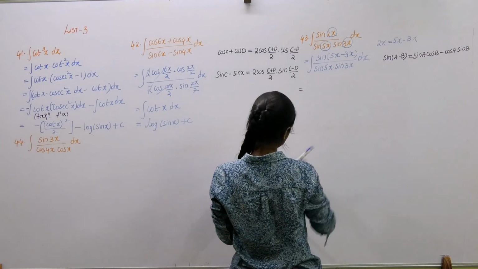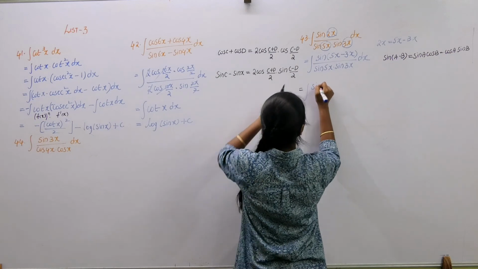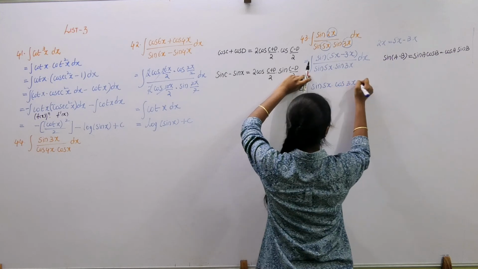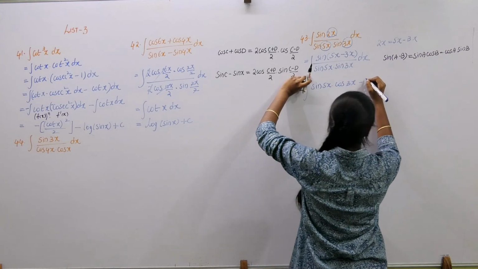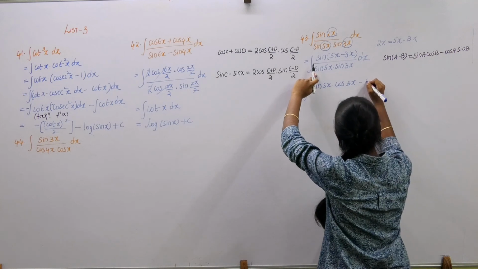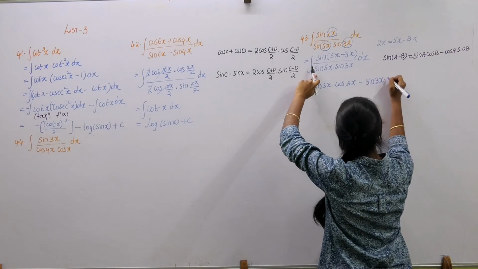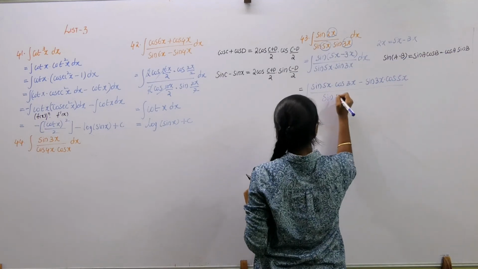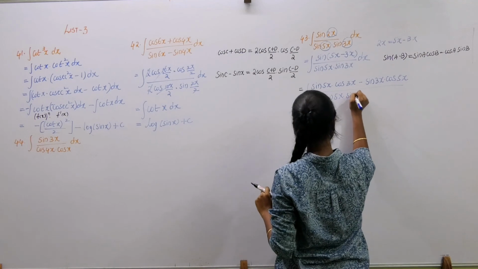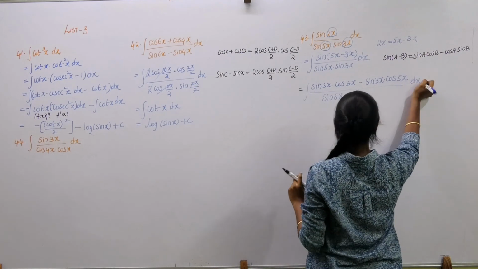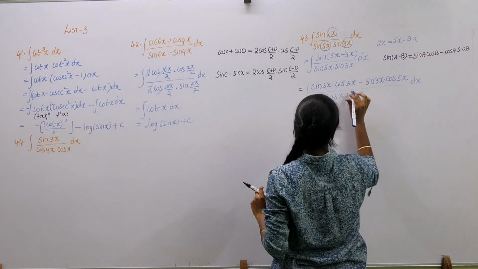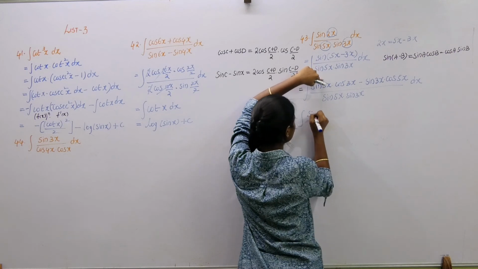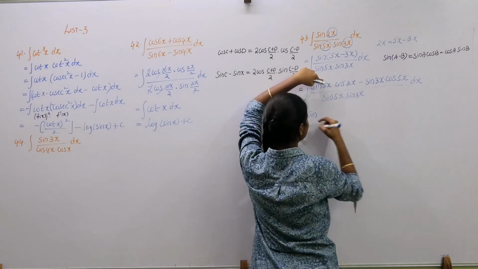It is equal to integral sin 5x into cos 3x minus sin 3x into cos 5x, whole divided by sin 5x into sin 3x dx. First let me separate and write numerator and denominator: first term by denominator minus second term by denominator.